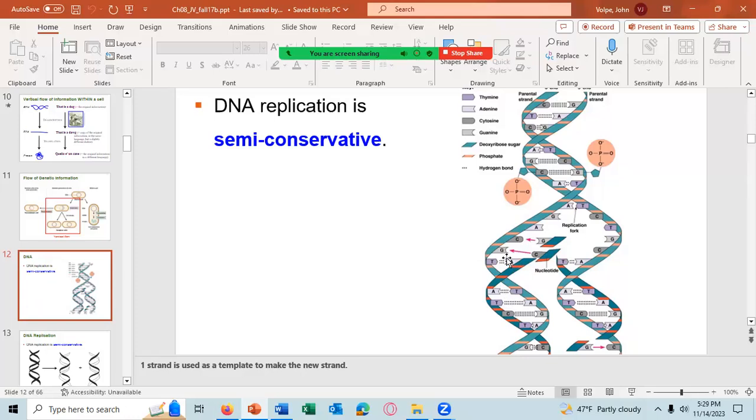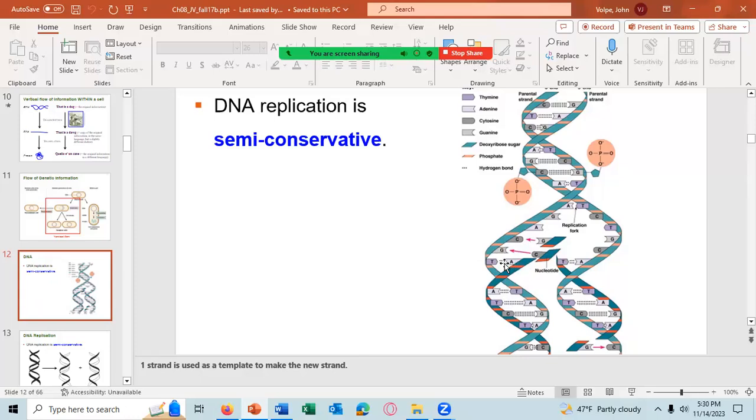So the DNA polymerase will be reading this strand here and it'll see a T, and so it'll put the A on the newly synthesized strand using the T as the template.